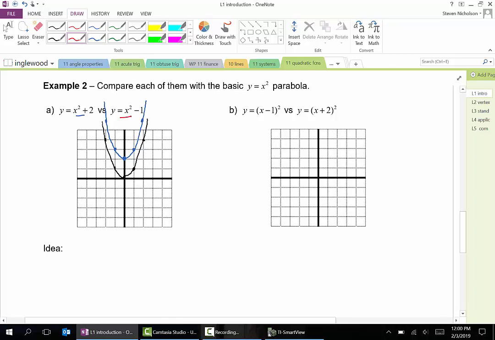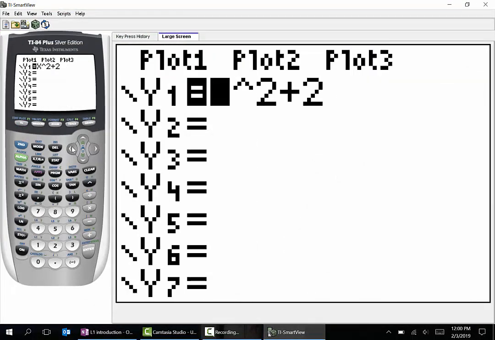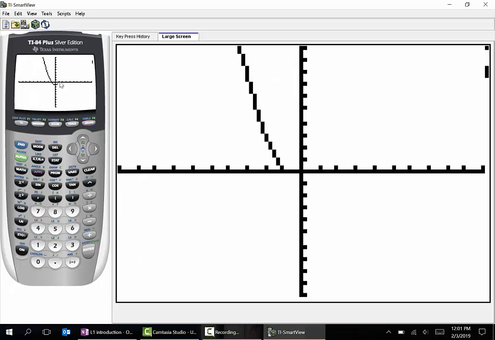When we look at x squared minus 1, again, we could get out our graphing calculator and do this really quickly. It's one of the great things about our calculator. Just go x squared minus 1. If you want to see what the picture looks like, look at that. It's just slid down 1.